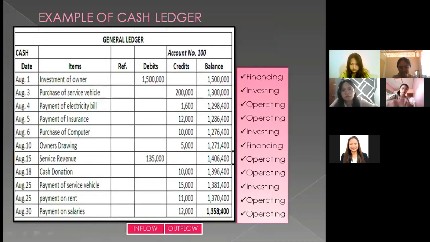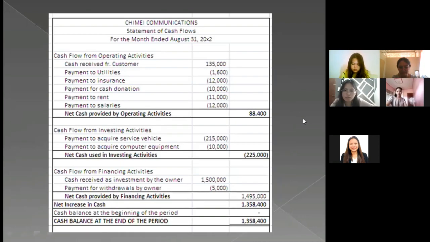Ayan yung running balance na 1,358,400. Yan yung ending. Yan dapat yung makukuha natin dun sa cash balance at the end of the period. So, ganyan i-present yung statement of cash flows.